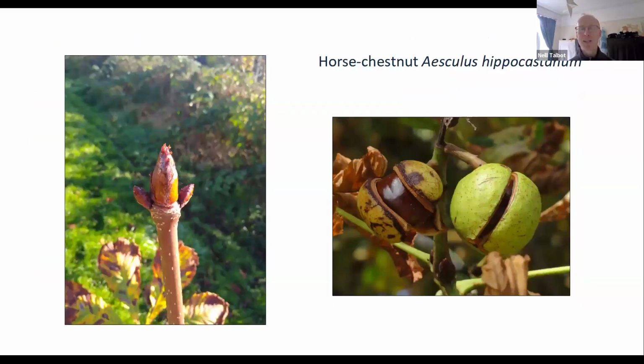So another not native species, but one we've had for a long time. I think it's only been here about 400 years, but it is pretty common in parks, gardens, plantations and so on.